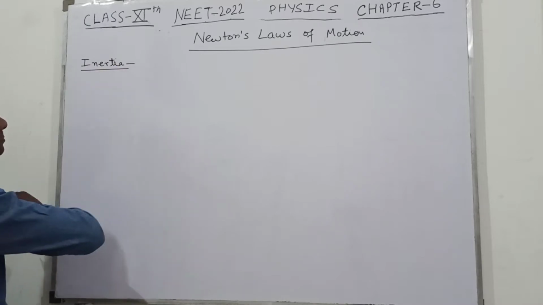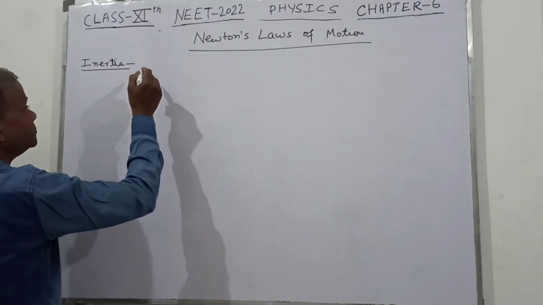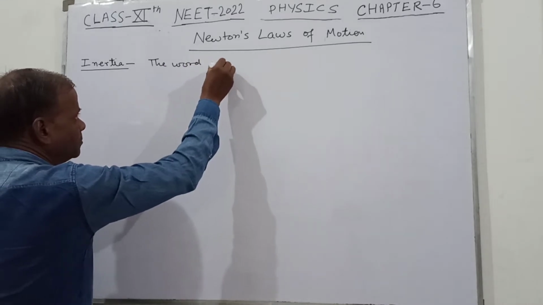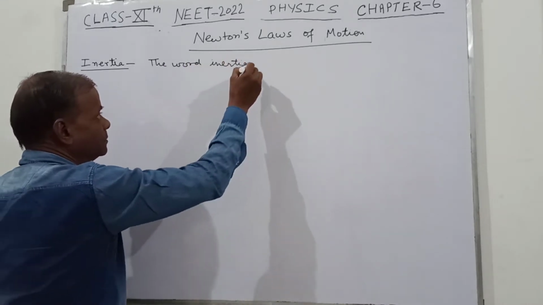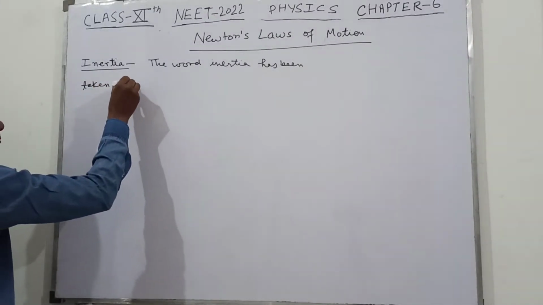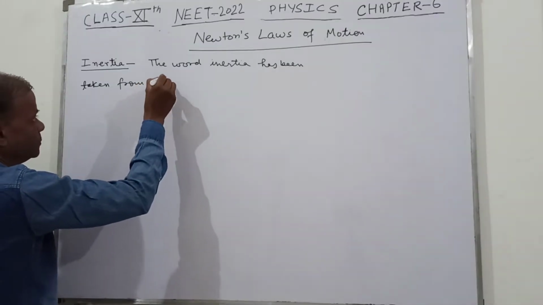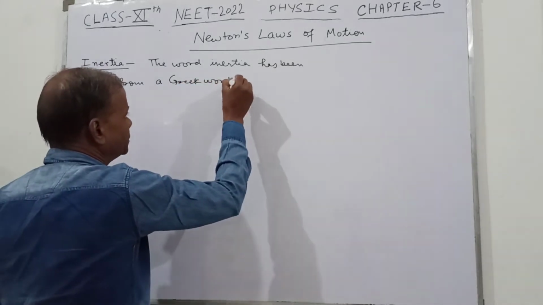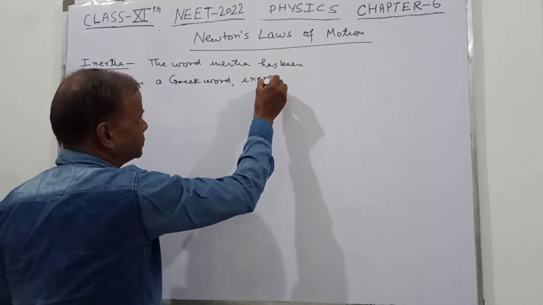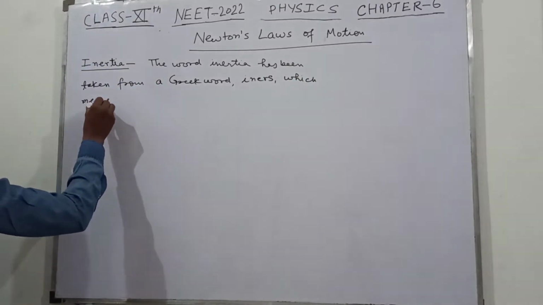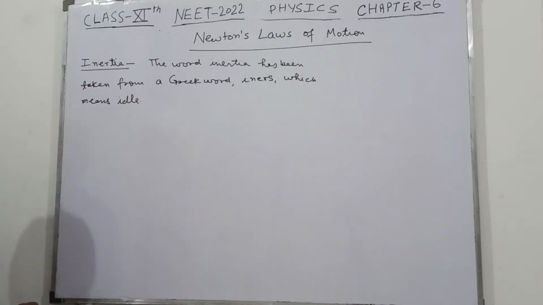Inertia. The word inertia has been taken from a Greek word, iners, which means idle.